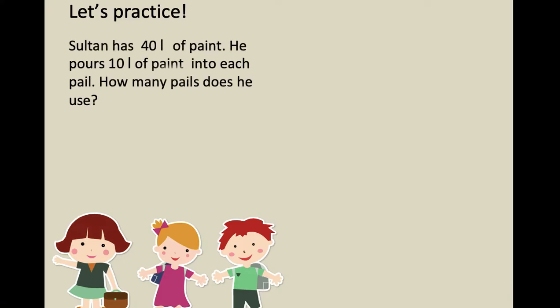Okay, look at this. Sultan has 40 liters of paint. He pours 10 liters of paint into each pail. How many pails does he use? So pay attention to this. He is having in total 40 liters of paint.